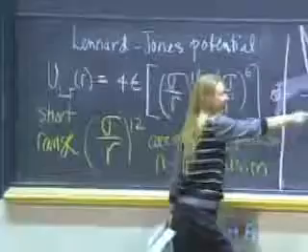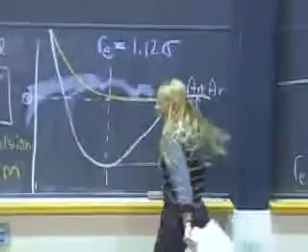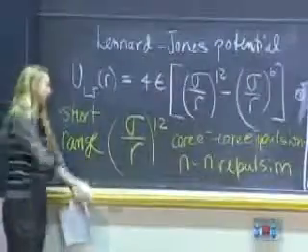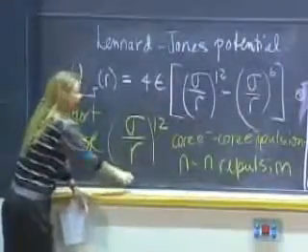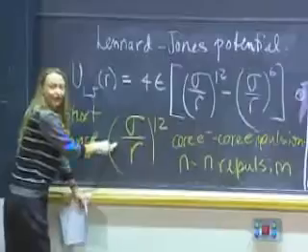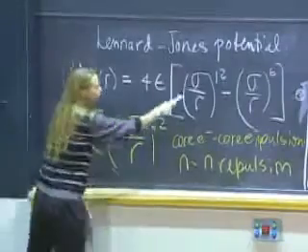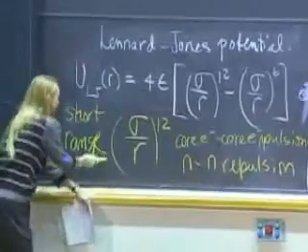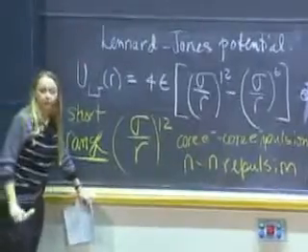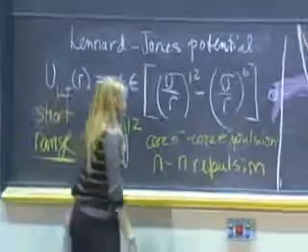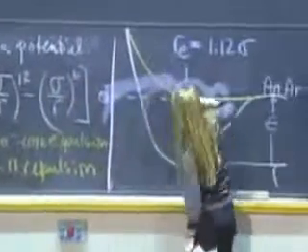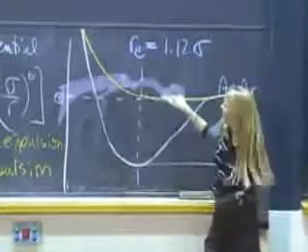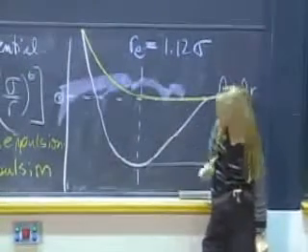So if R is large, and you put a large number in the denominator and raise it to the 12th power, hey, the result is nothing. The result is something close to 0. So this first term is 0 when R is very large. So that's why we call it a short-range interaction. And you can see that, right? This really starts taking on value when r is pretty small.